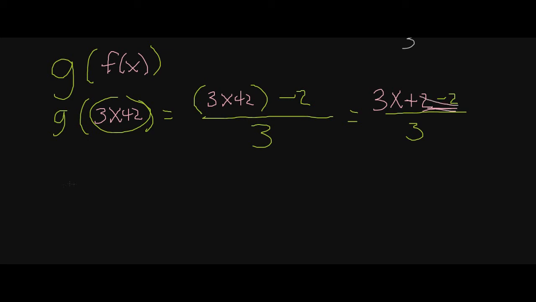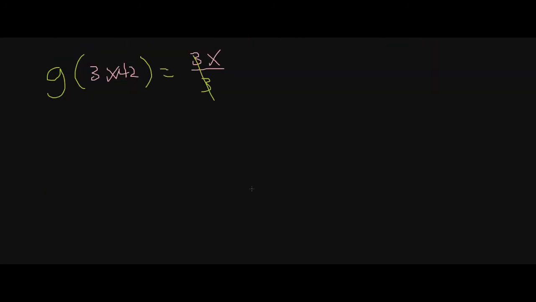So that's gone. So we're going to get g of 3x plus 2 is equal to, well, we're just going to have 3x divided by 3. Well, what's 3 divided by 3? 1. So finally, we get g of 3x plus 2 is equal to x.